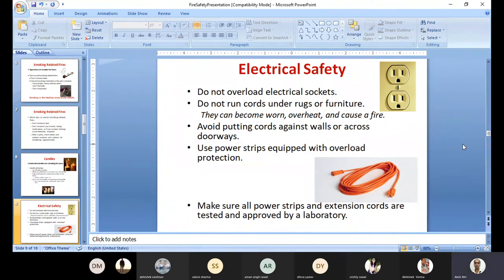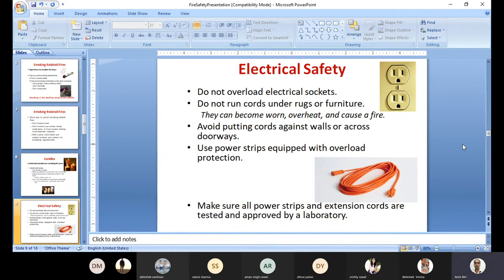More load means more current, and the heat increases by the square, almost double. So overload, overcurrent, and overheating.